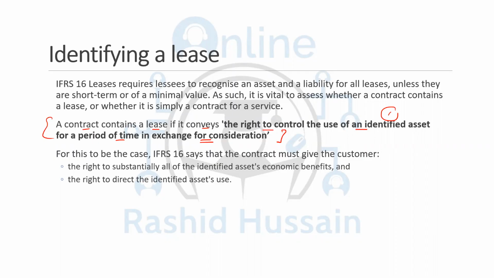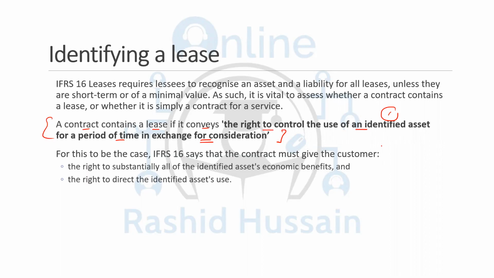For example, if I'm leasing cars, those cars should be specifically mentioned, for example, which color it is, which model it is, what registration number the cars have, etc. If I am leasing machines, those machines should be specifically mentioned within the contract. And the lessor is not going to change those assets unless required.